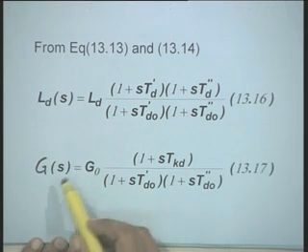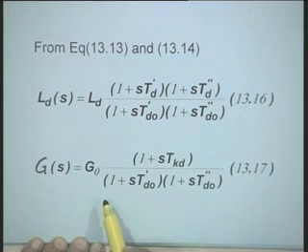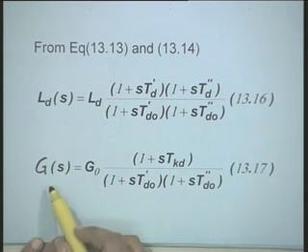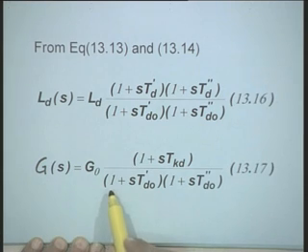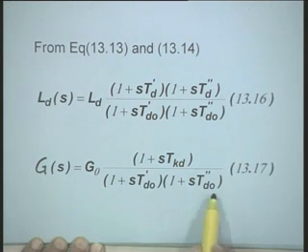Because these are the parameters that are going to determine the transient performance of the system. Similarly, since GS has the same denominator, when you put it in this form, GS can be written as 1 plus S times T D O prime, 1 plus S times T D O double prime.